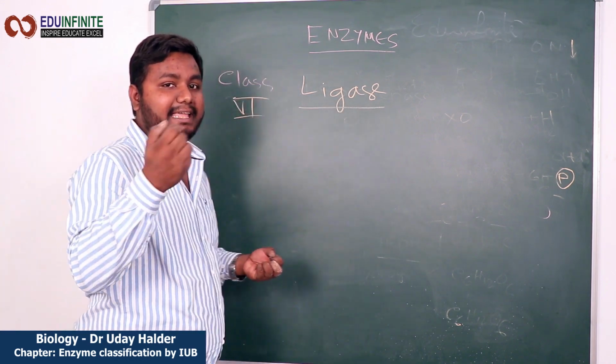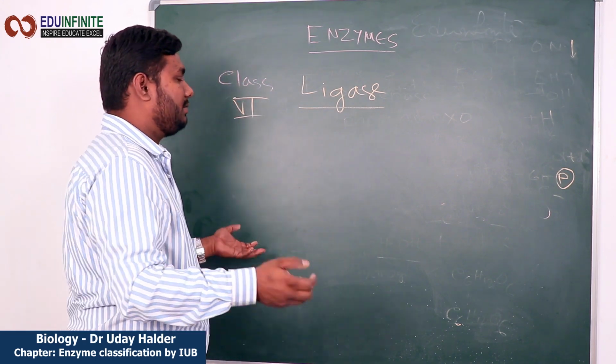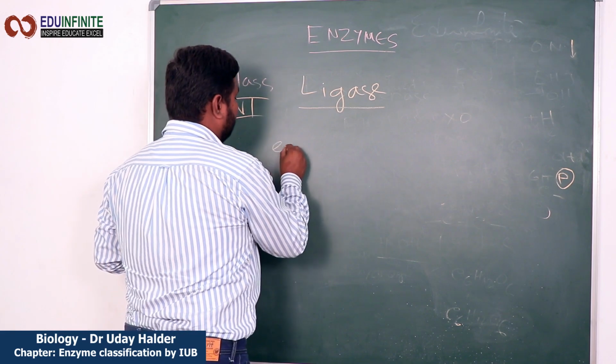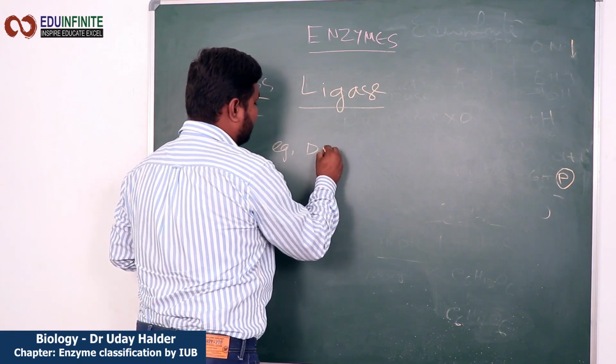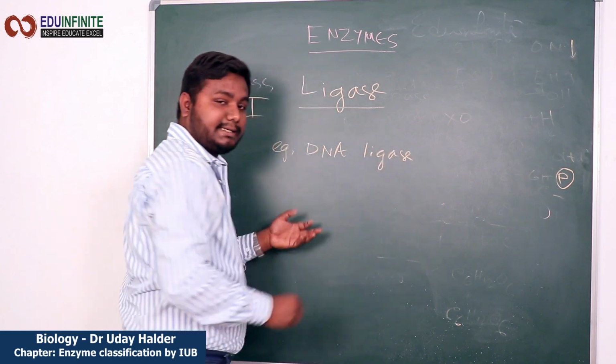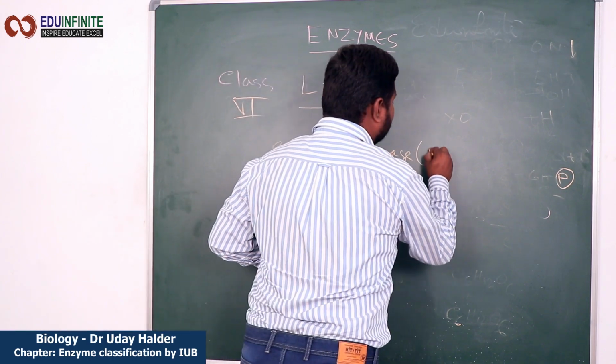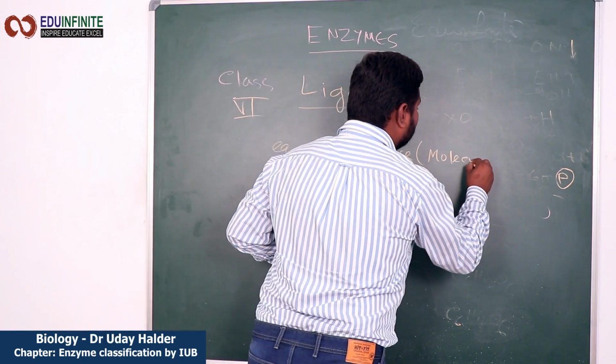Ligase comes from the word ligation, meaning joining. So the ligase group of enzymes joins two molecules. Let's take a famous example, DNA ligase. The name of the enzyme is itself DNA ligase.